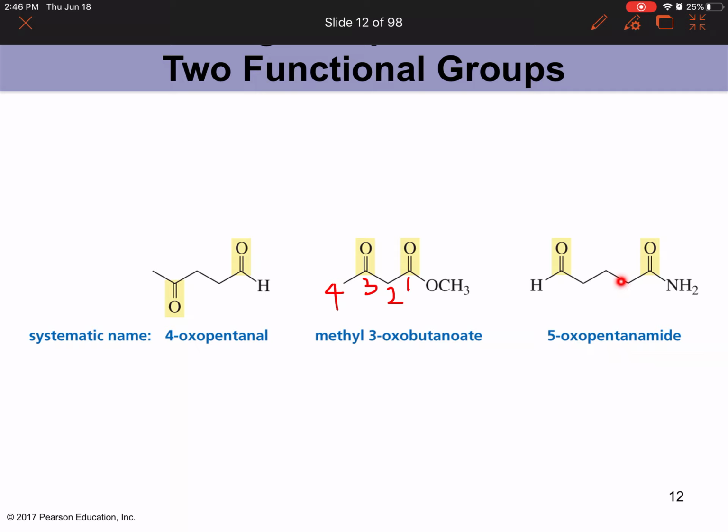So 1, 2, 3, 4, 5. The fifth position you have a carbonyl group, that's 5-oxo, and then this is 5 carbons long, pentanamide. So the amide group is named at the end as the suffix, and this group is considered the prefix, the oxo group.